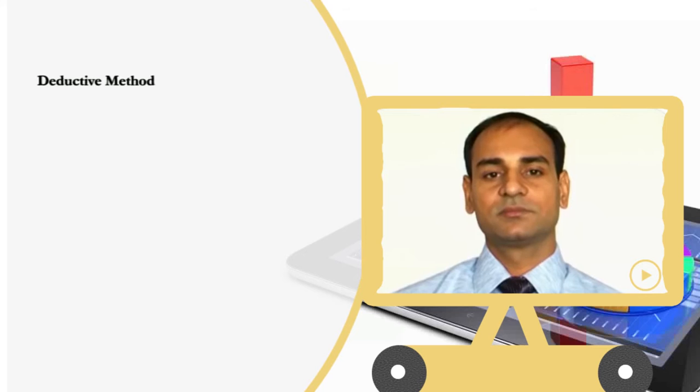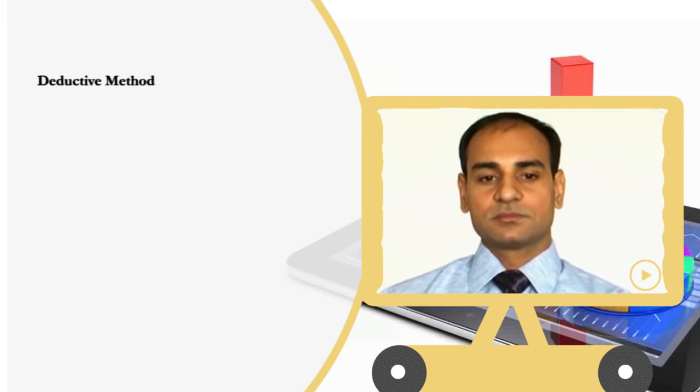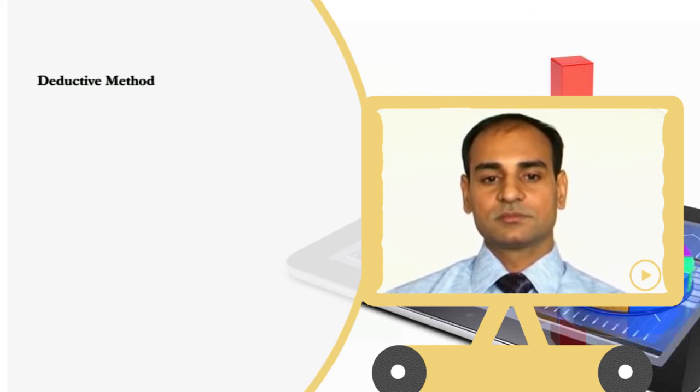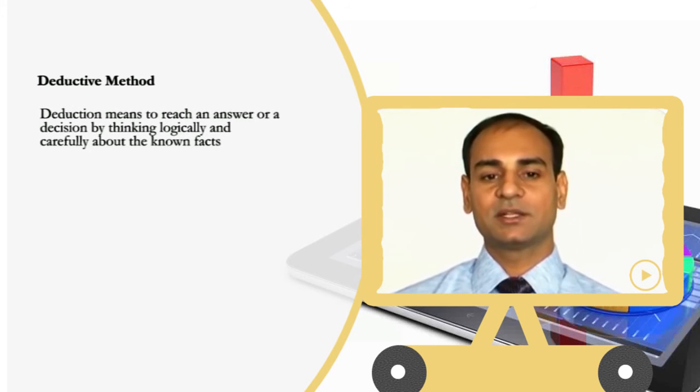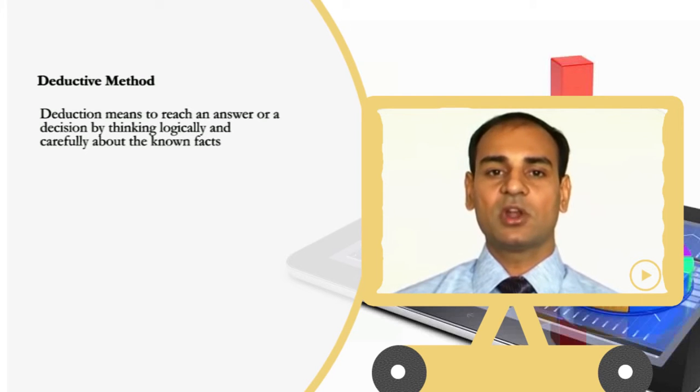After inductive reasoning, there is another approach, that is deductive reasoning. The deductive method is contrary to the inductive method, where the researcher is already acquainted with the research problem.